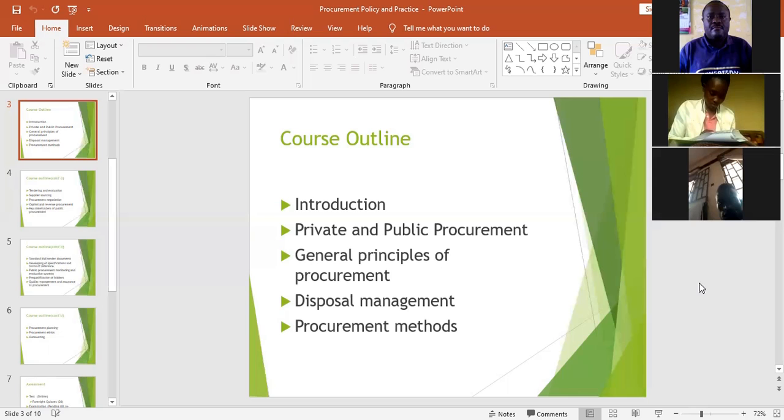Another method of procurement is called direct procurement. It is a method of procurement, but I think it should be the last resort. What is direct procurement? This is where a project procurement unit would use one source or bidder, but it uses one source under exceptional circumstances.